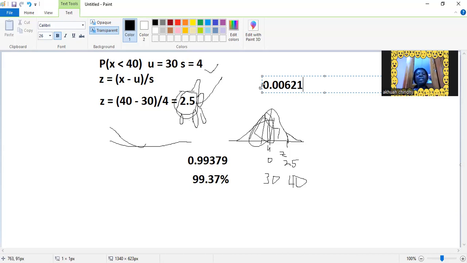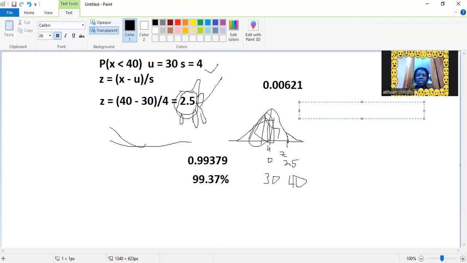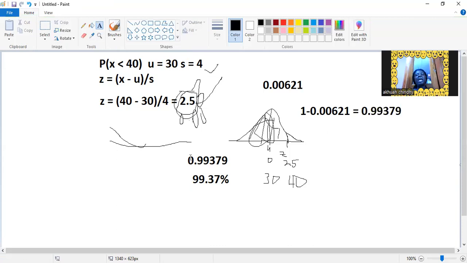So if I'm able to find the negative answer from the table, to find the positive is just 1 minus 0.00621, which is equal to, so use your calculator just to compare, 1 minus 0.00621, you got 0.99379. So that's it. So you see, we've gotten the same answer as the one we read from the positive table. You get it?